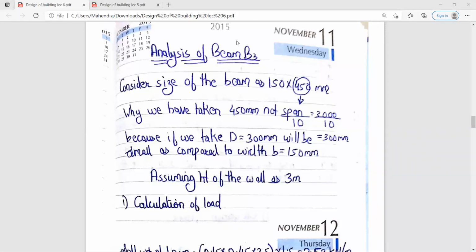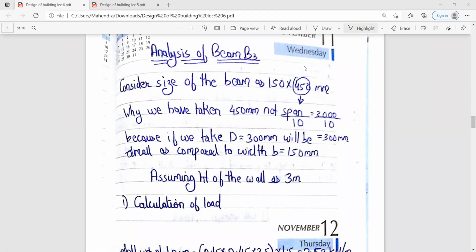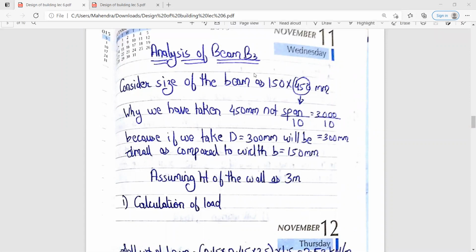Now we'll start with the beam B3. So you need to do the analysis of the beam B3. For that, you need to consider the size of the beam, as 150 by 450. Now, why are we going to consider it as 450? Because otherwise we always consider the depth as span by 10.